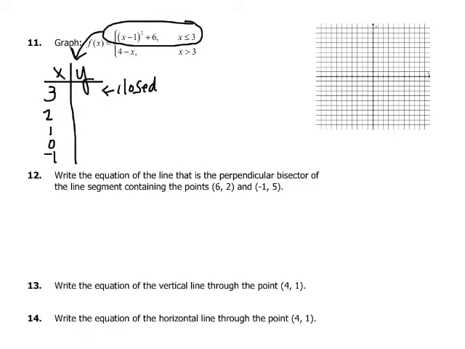So if I plug in 3, I get 3 minus 1 is 2, squared is 4, plus 6 is 10. So that's 3 comma 10. 2 minus 1 is 1, squared is 1, plus 6 is 7. So you can do this. Alright, so 3, 10.